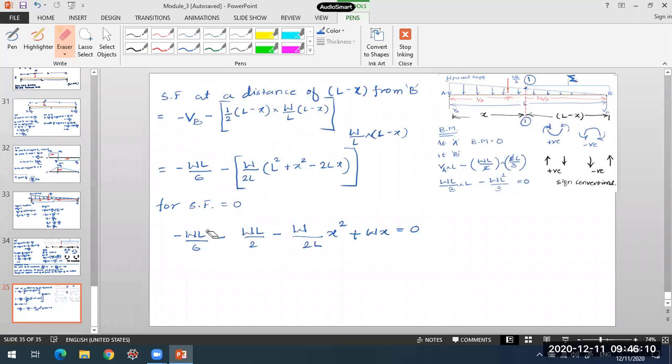Minus 4WL by 6, or it will be minus 2WL by 3. Is that okay? Minus this will be W by 2L into x square, plus W into x should be 0.